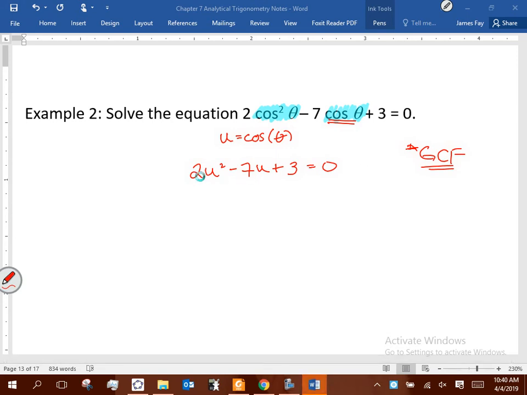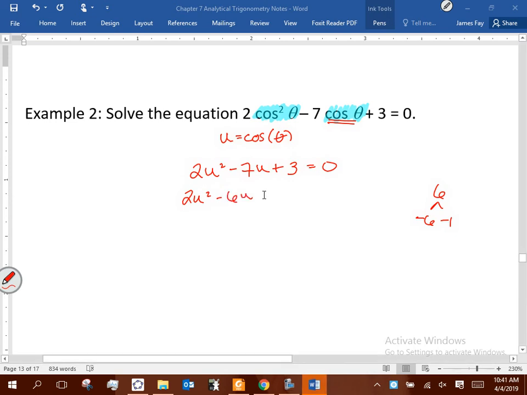right? So take 2 times 3, which gives you 6. Okay. What two numbers multiply together to give me 6, but add to give me negative 7? Negative 6, negative 1, right? So can I rewrite this as 2u squared minus 6u minus 1u plus 3 equals 0? And now remember, we talked about this early on.